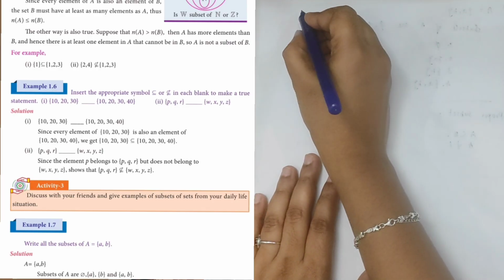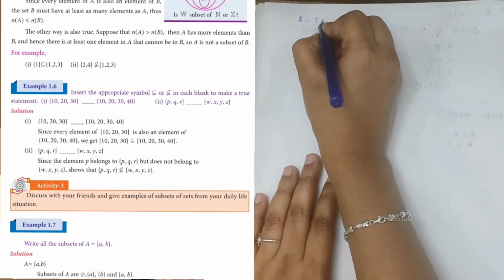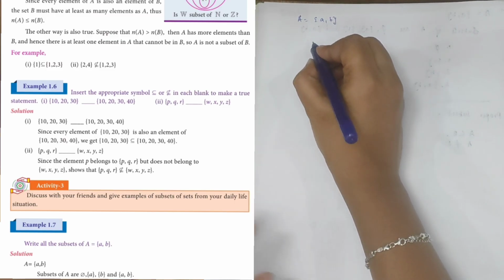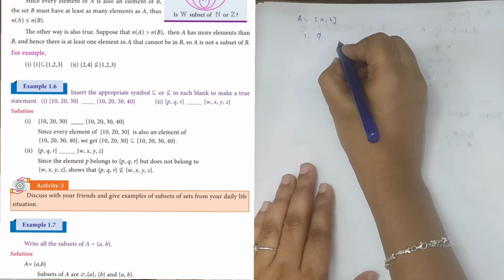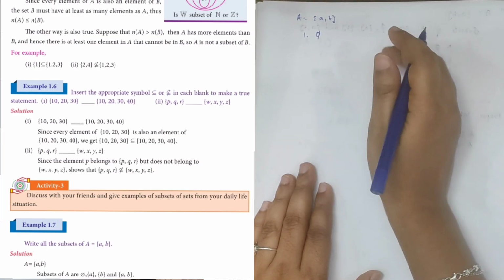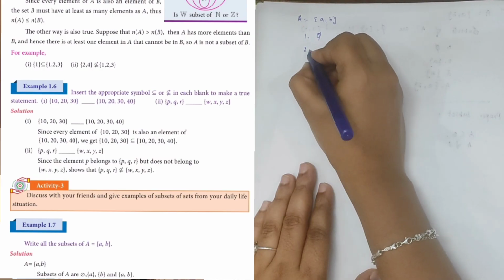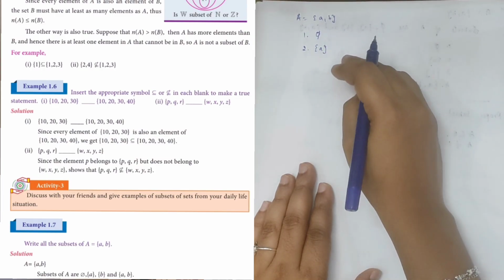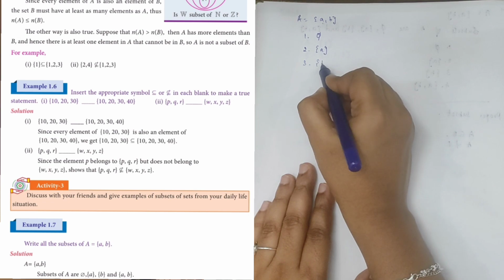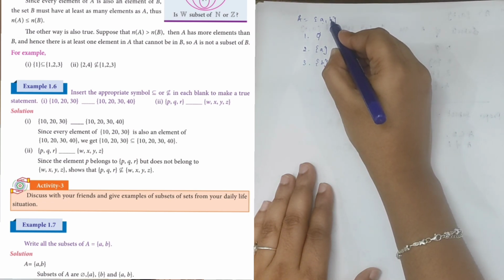Write all the subsets of the set A equal to {a, b}. There are totally 4 subsets. The first one is the null set, that is the empty set. Every set always has the empty set as a subset. The second one is {a}: you take only the first element. The third one is {b}: you take only the second element.